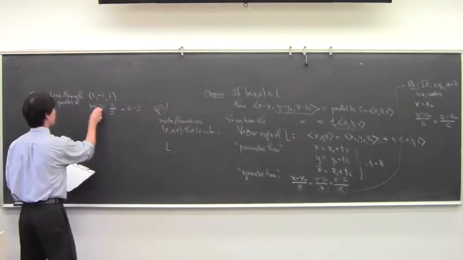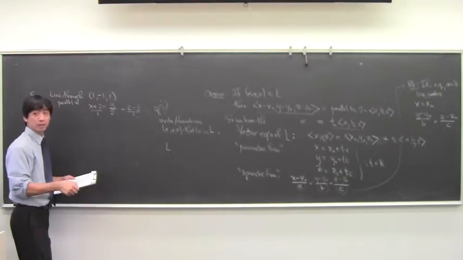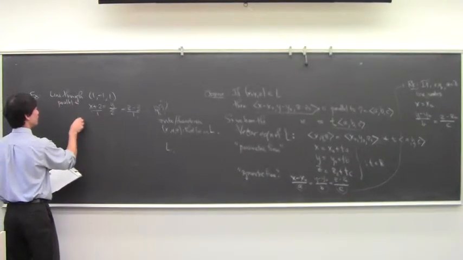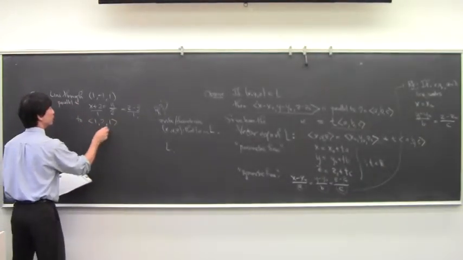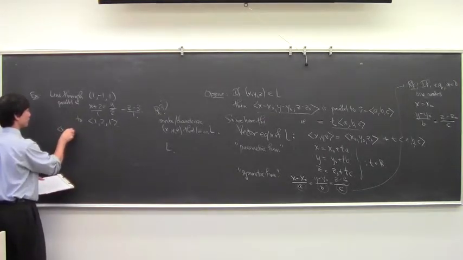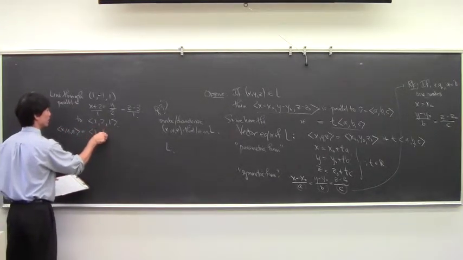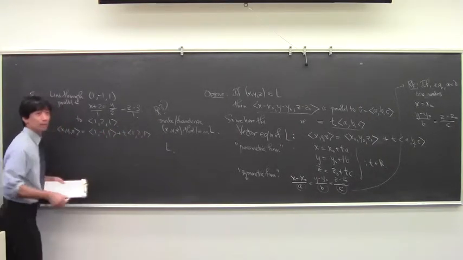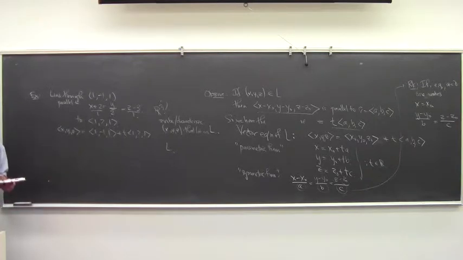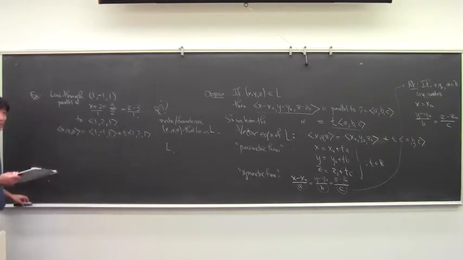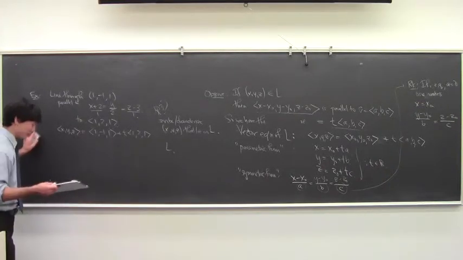Because you have a, b, c. So it's through this point and parallel to the vector 1, 2, 1, and then you just write it down: x, y, z is 1, negative 1, 1 plus multiples of 1, 2, 1. Okay. So pretty dull. That's about as hard as that gets.